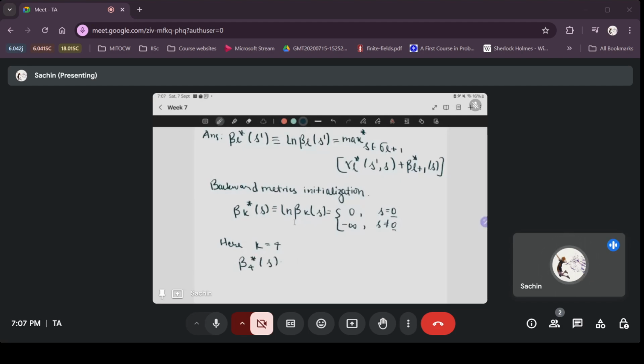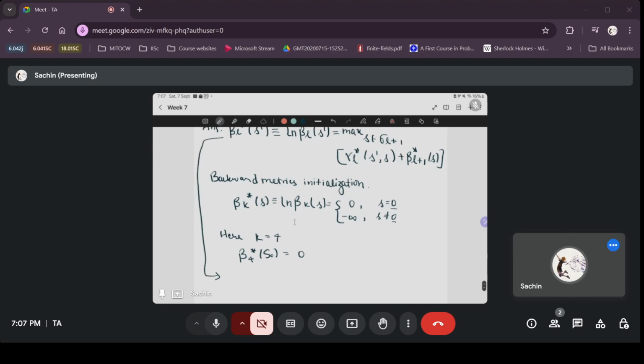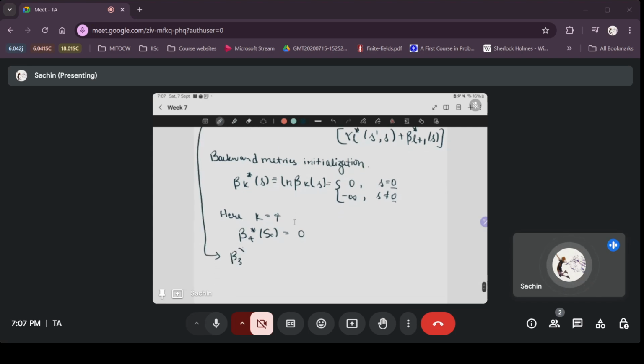Beta 4 star of S, and the state we want to look at is S0, the all zero state. So beta 4 star of S0 is 0. Now from here you get beta 3 star of the state S0.